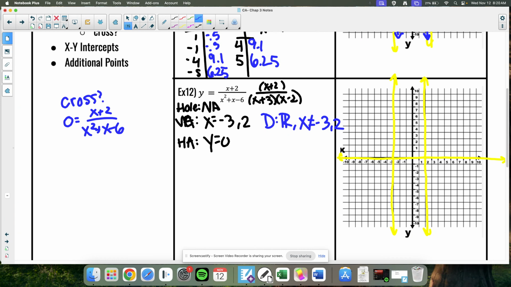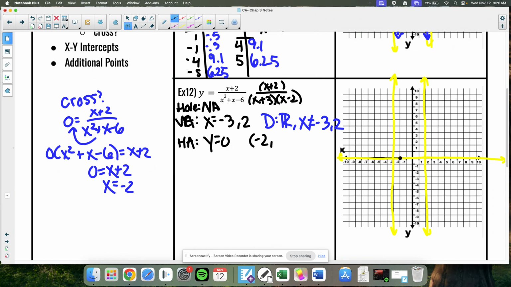The top. Technically what you're doing is multiplying this whole thing over. But what's 0 times anything? 0. That's why you can just set the top equal. So where does this graph cross its horizontal asymptote? So we know at x equals -2, it is crossing that horizontal asymptote.